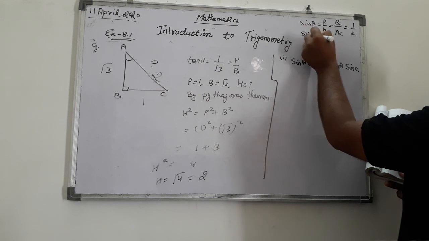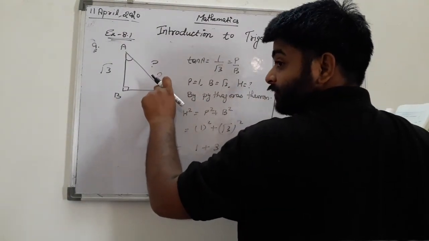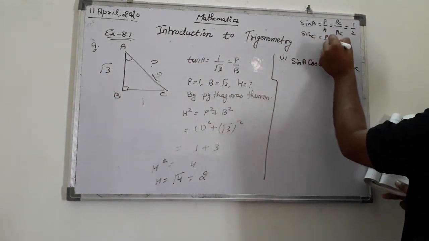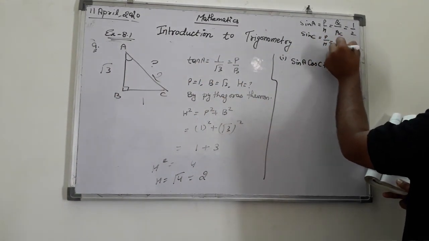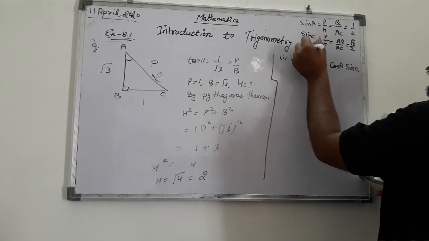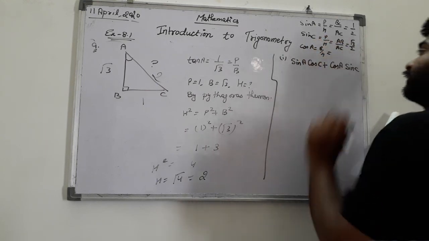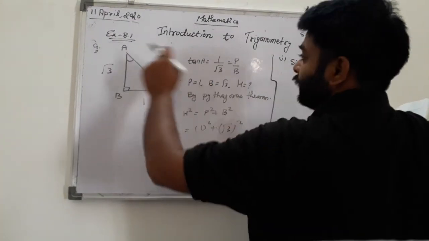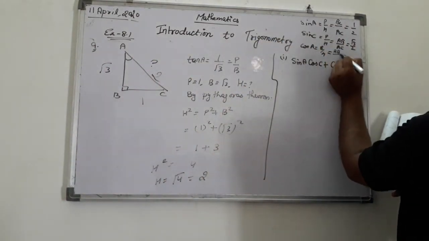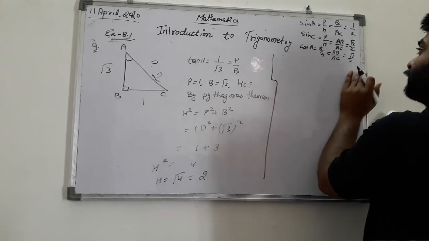Sin C, if this is angle C, then the perpendicular is AB upon AC, that is root 3 upon 2. Again cos A is base upon hypotenuse: if A is this, then the base is AB upon AC, root 3 upon 2.